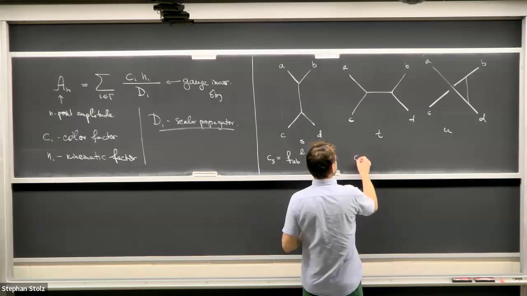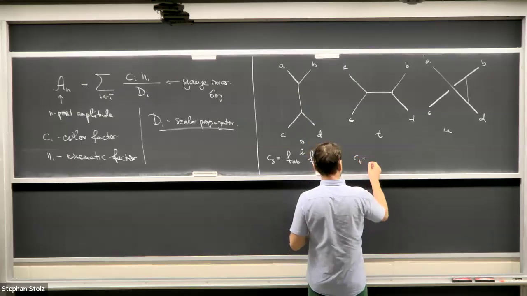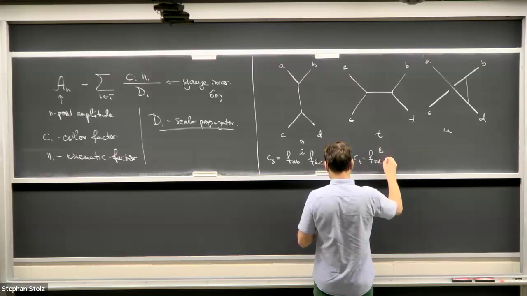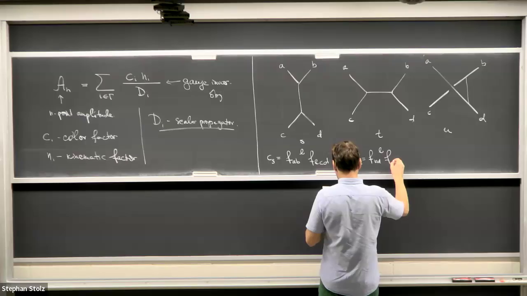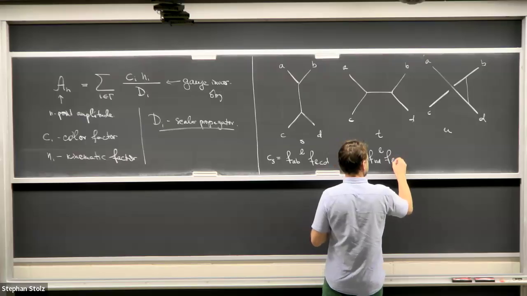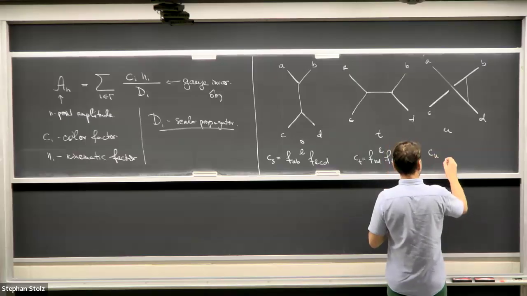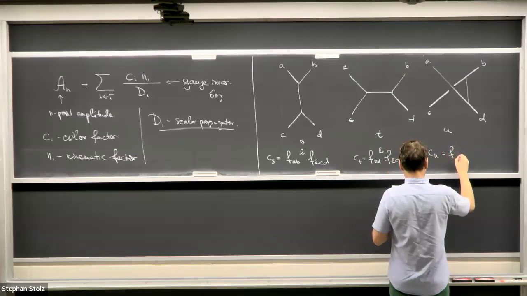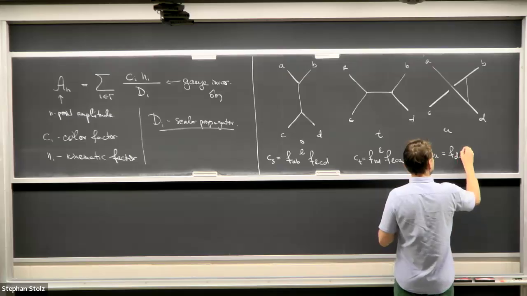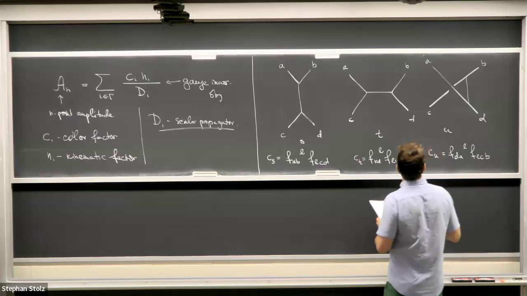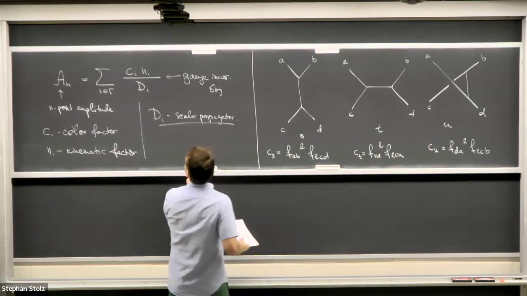And when I'm writing this c_T, then I will have f^{btl} f^{lca}. And then finally I have this guy, f^{dlc}... f^{lcb}. Okay.